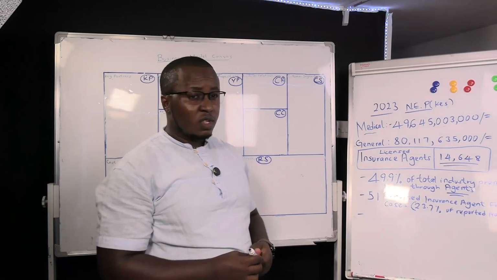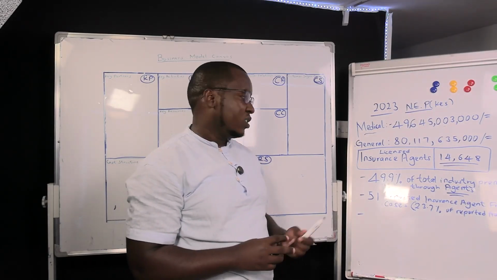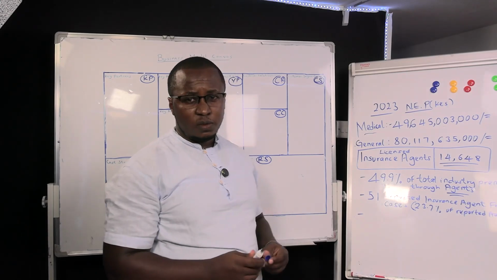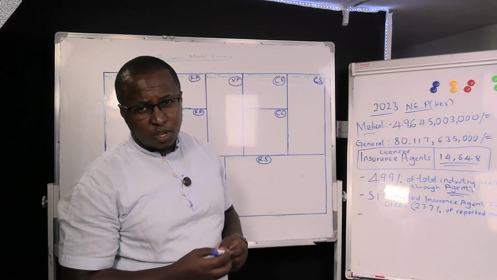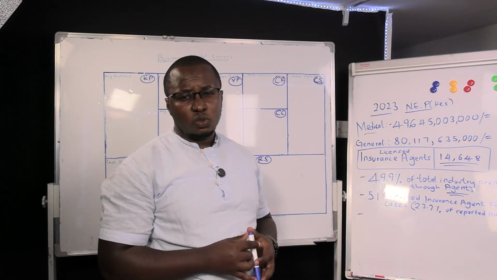So this shows that insurance agents are the key players when it comes to the sale of insurance products within the Kenyan market. However, there are also challenges which arise in relation to fraud.